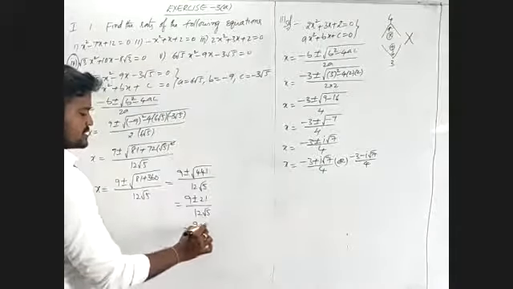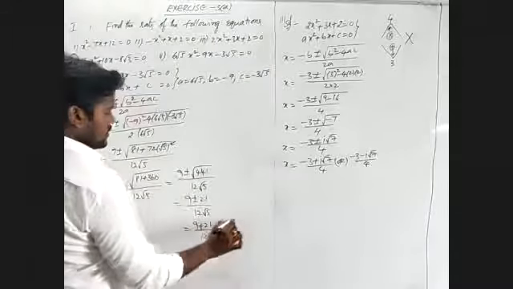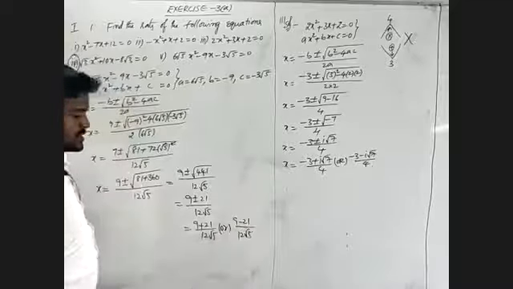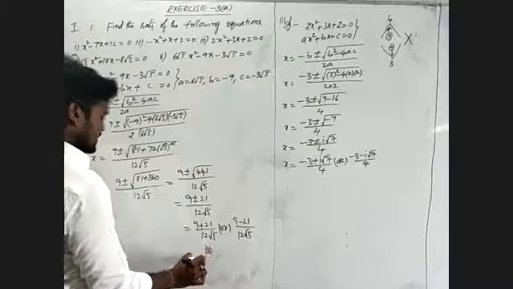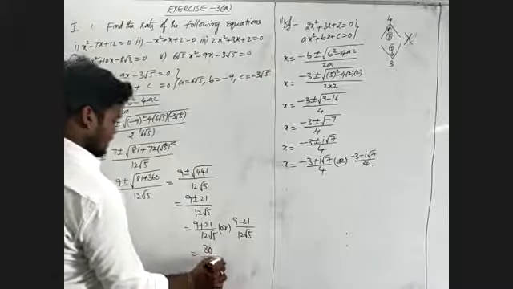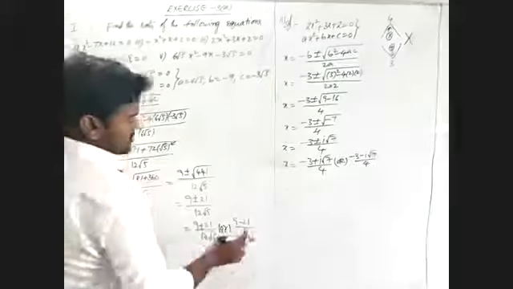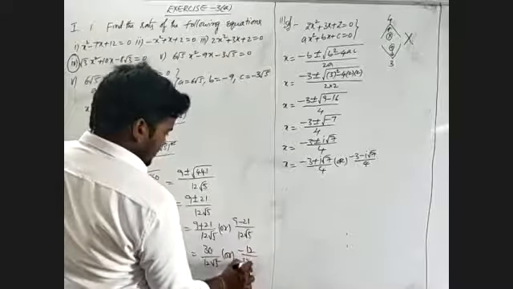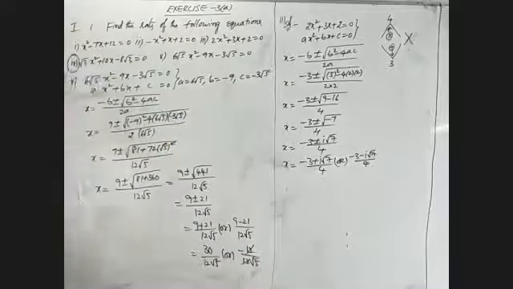First value is 9 plus 21 by 12 root 5, or again we will write 9 minus 21 by 12 root 5. 21 plus 9 will become 30, that is 30 by 12 root 5. Or minus: 9 minus 21 will become minus 12 by 12 root 5. 12 and 12 will be cancelled.